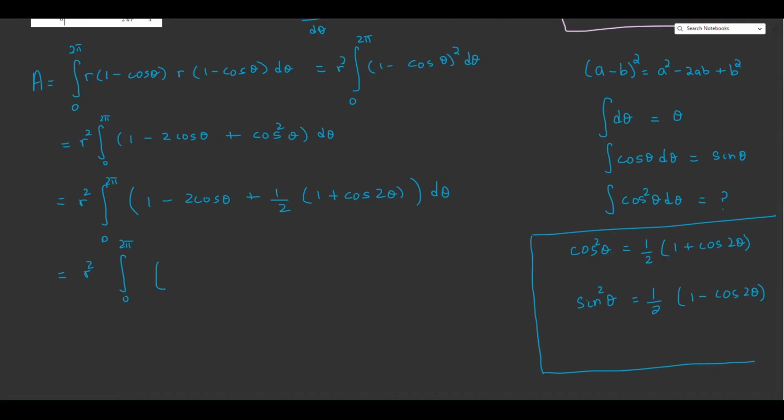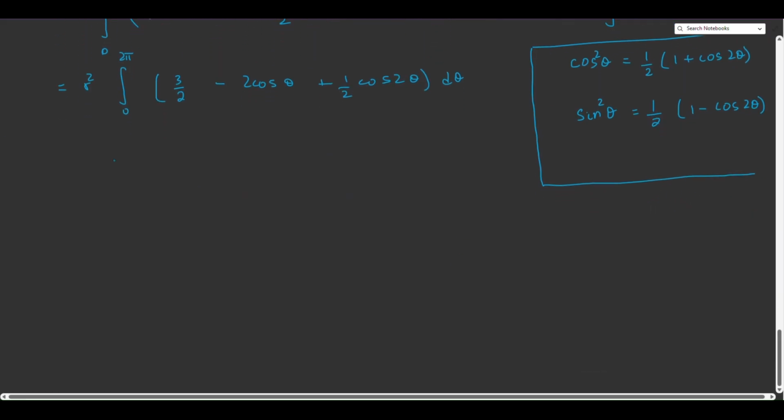When we add the constant terms from this 1 and plus half, it can be written as 3 by 2. The next term will be this one, minus 2 cosine of theta, and the other term will be this half cosine of 2 theta. So these are the terms we get, and now we can integrate them.